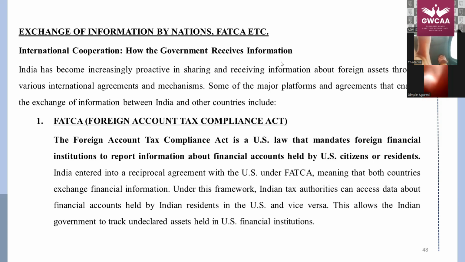Many G20 and other summits happen, and in those different agreements get signed, and according to those agreements, they exchange information of respective citizens of different countries. Then tax information exchange agreements, other bilateral and multilateral agreements.